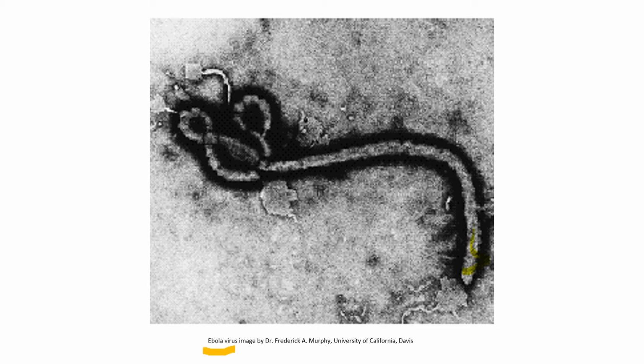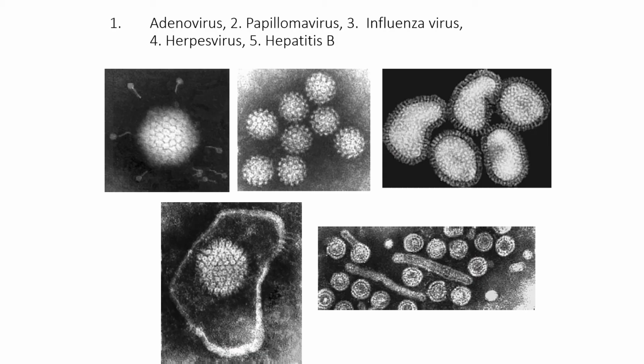So this is indeed a helical-shaped virus. A variety of other shapes, and all of these that you see here are from an electron microscope because viruses are extremely tiny, so you only see them using a very high power electron microscope.